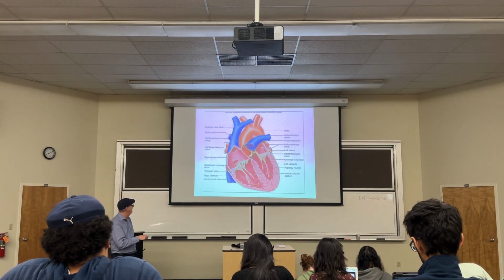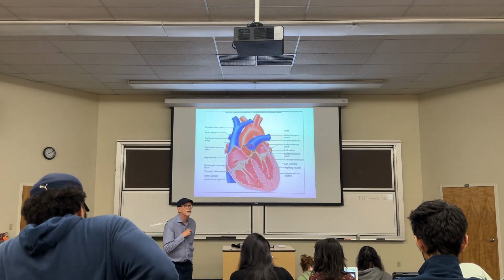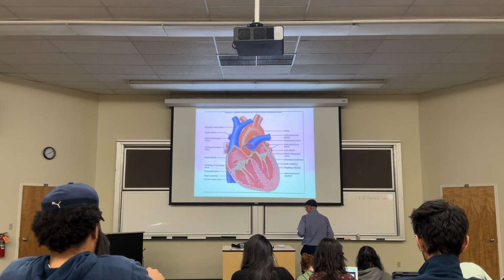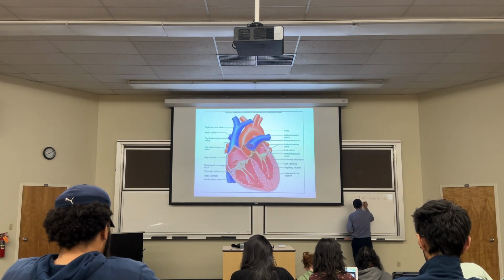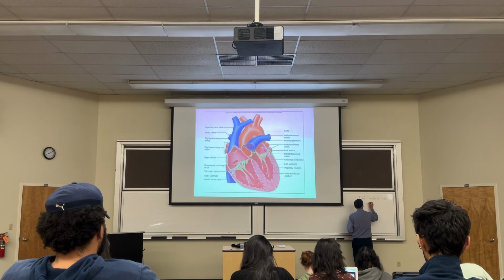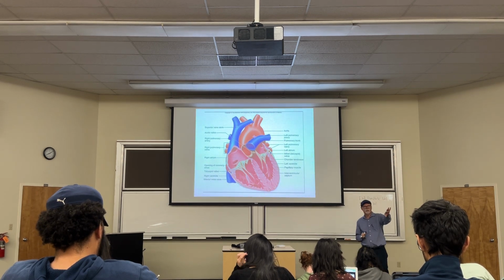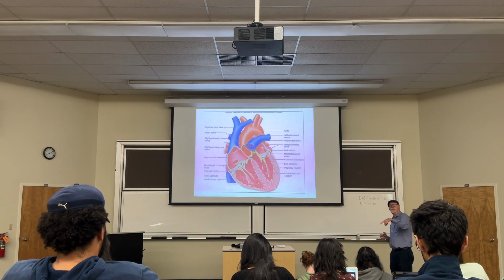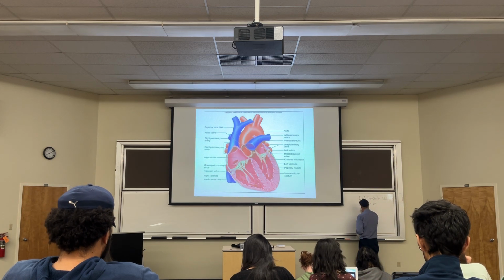The part that we eject from the heart and goes out to the blood vessels is called the stroke volume. The part that's left in after you push the blood out, about 1/3 of it, that's called the end systolic volume. It's the end of the contraction.